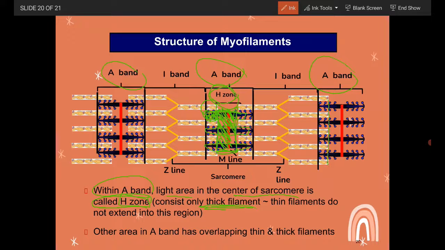So this one is H zone, and also over here H zone. H zone is the region of thick filament only, which we find inside the A band.